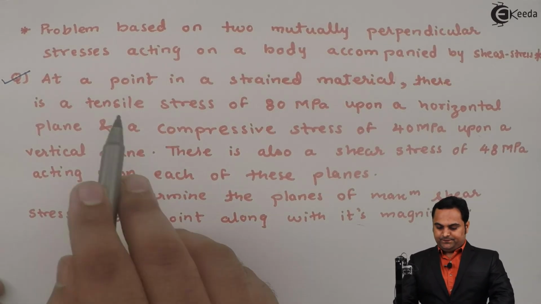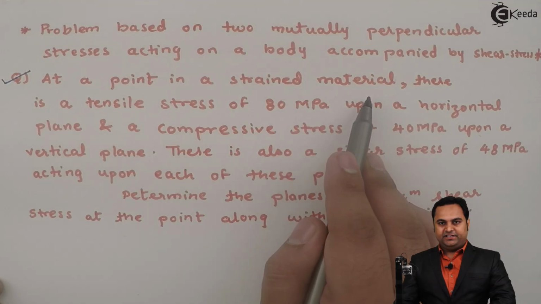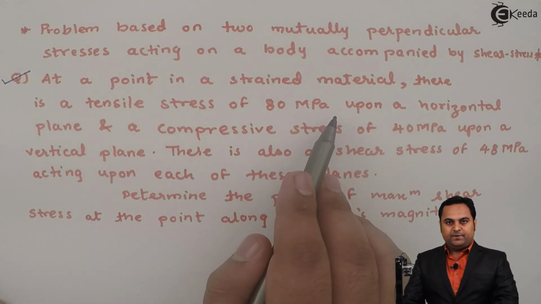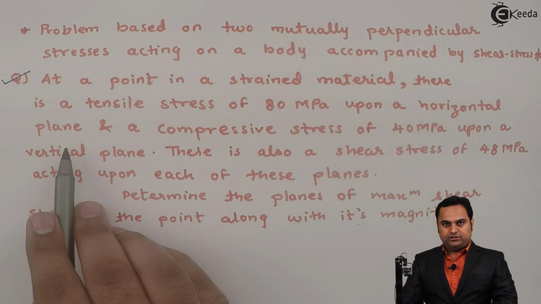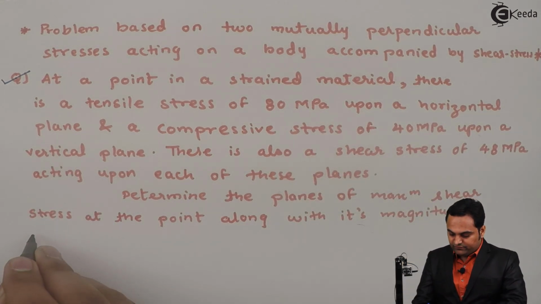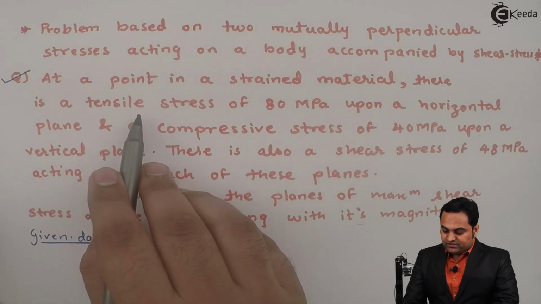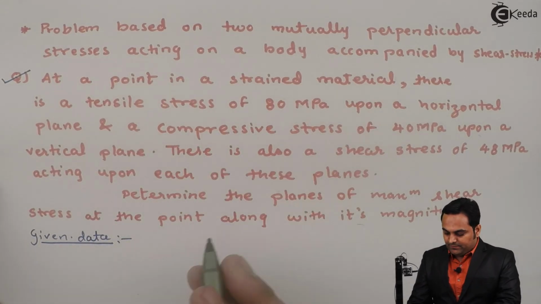Here it is given, at a point in a strained material there is a tensile stress of 80 megapascal upon a horizontal plane. So the first thing is, in the data there is tensile stress given of 80 megapascal.